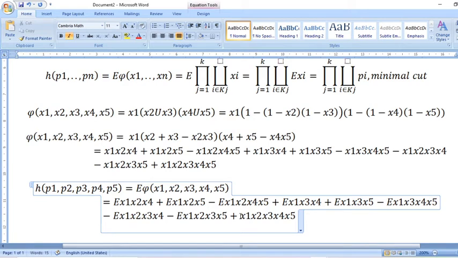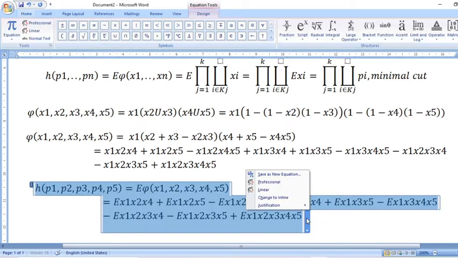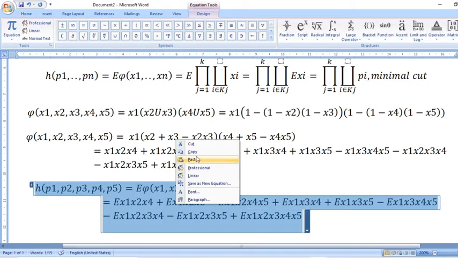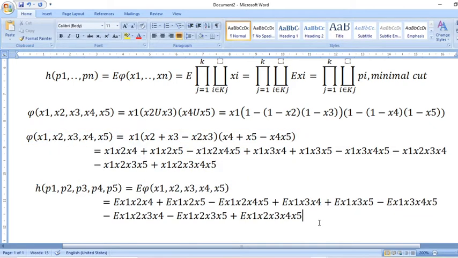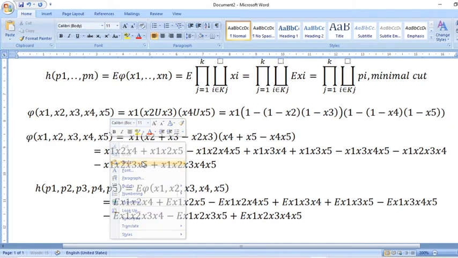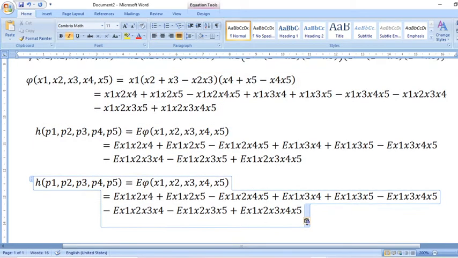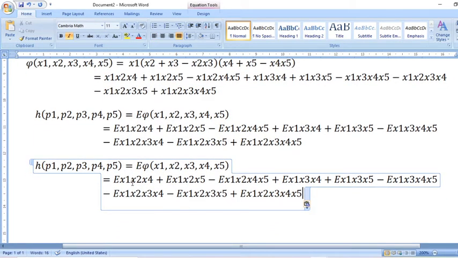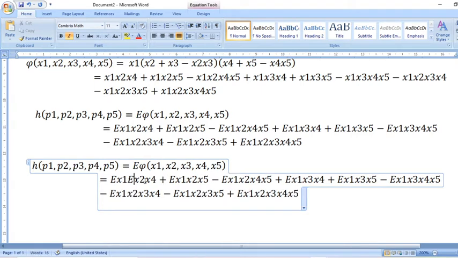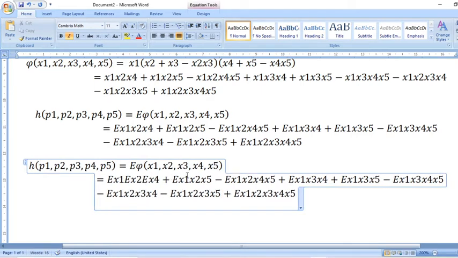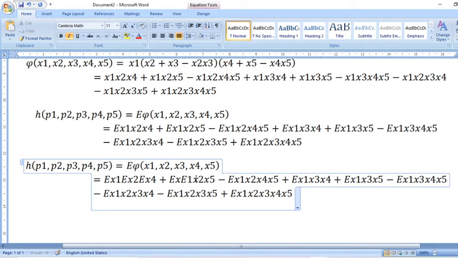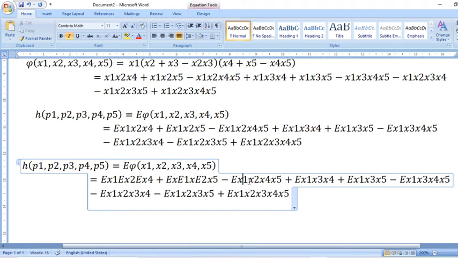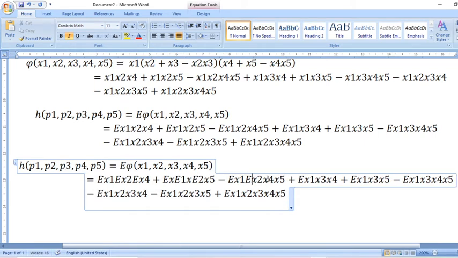So what will be the next step? Yes, we can put expectation on each and every term, or we can express it like this: expectation of product equals product of expectation. Okay, so this will be the next step.